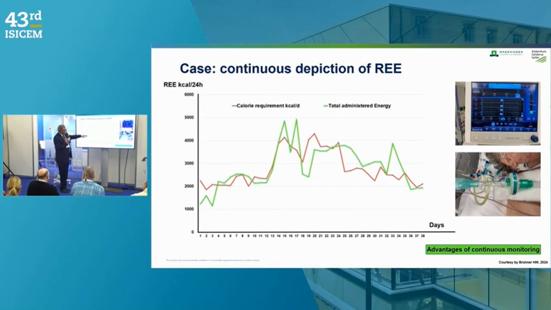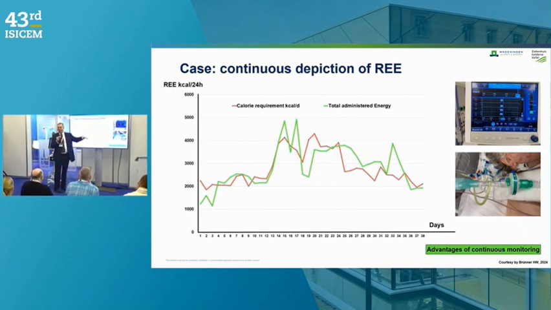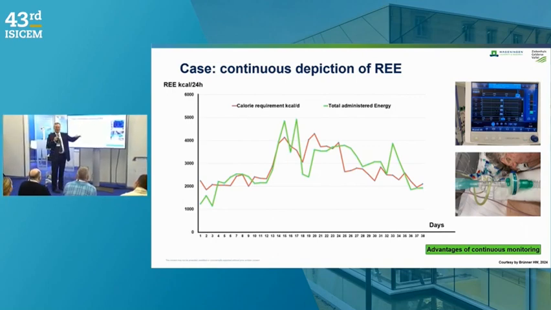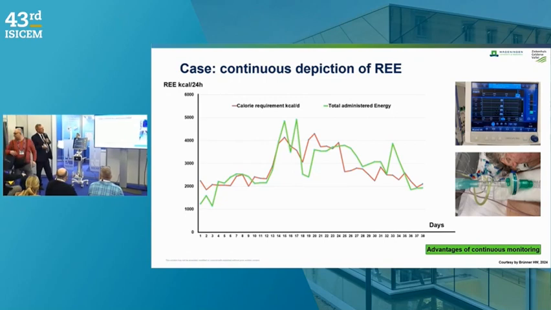Of course, you can also see the effect of waking up. When you stop your sedation, you gradually see an increase. The same is for muscle relaxants. We did a study on that. When you stop continuous muscle relaxation, so neuromuscular blocking agent, you can see an increase of 6% of energy expenditure. It's not so much, but you can see all these things when you have continuous monitoring.